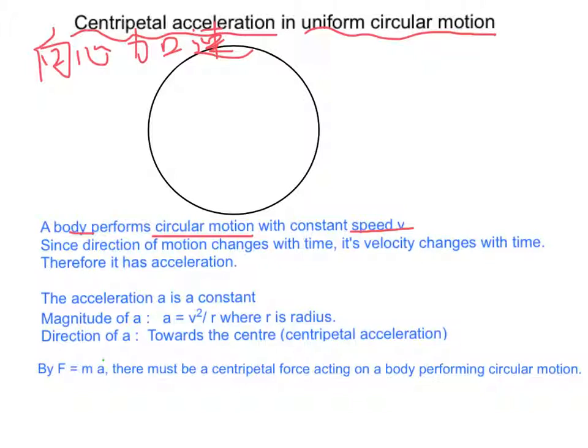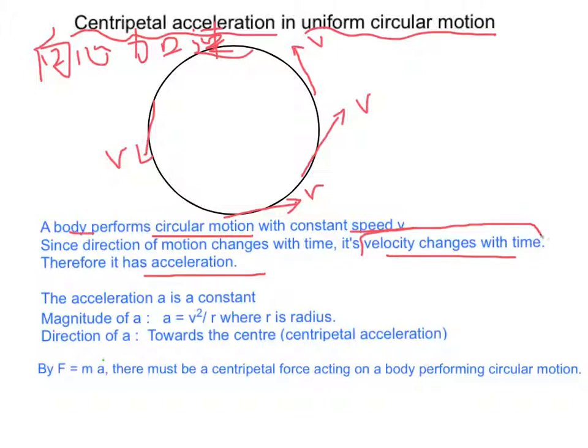Even though the speed is a constant value, the direction of motion changes with time. As a result, we say there is a change of velocity of the body. Therefore, there must be an acceleration during its motion. That means whenever the velocity changes, there must be an acceleration.